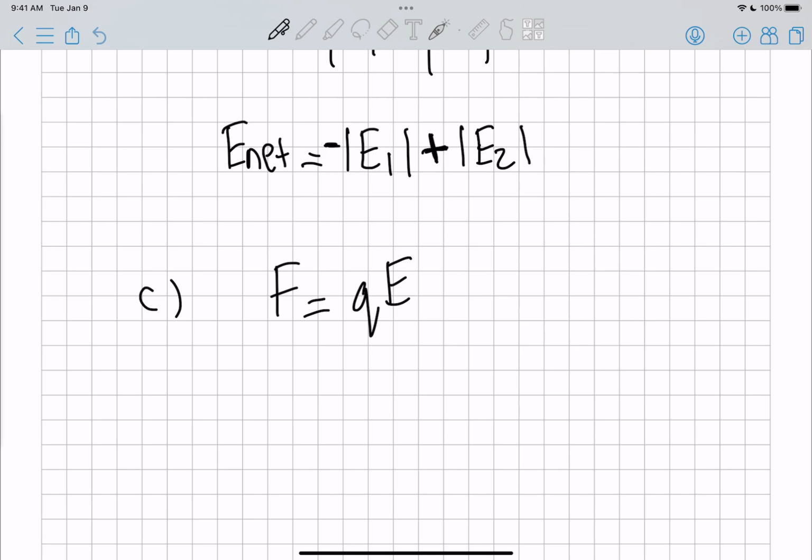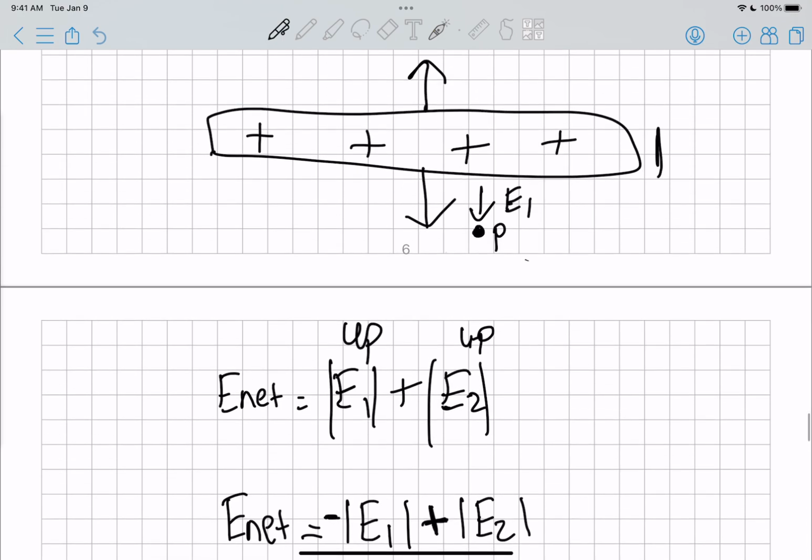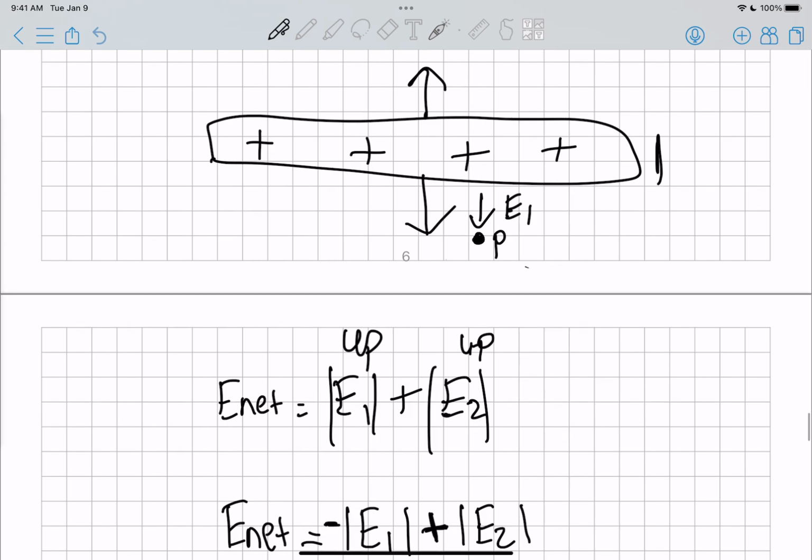Now, with that being said, you want to also account for the direction of your force. Once again, the electrostatic force, similar to the electric field, is going to be pointing in the direction of how the positive test charge would react relative to the electric field, or the forces acting on it.